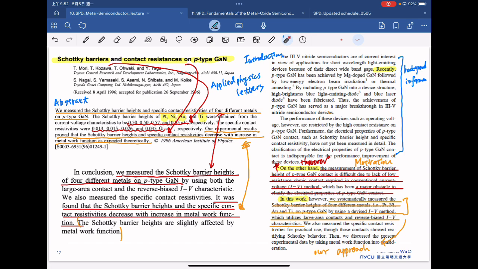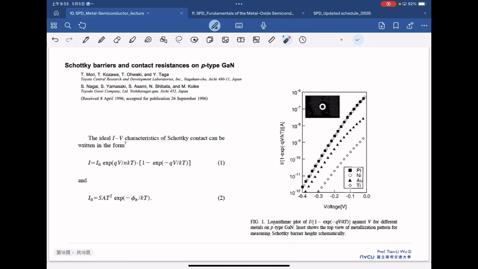This is exactly the same thing that we talk about in these lectures. In the beginning of this metal semiconductor section, we tried to understand the Schottky barrier, and in the end we also tried to calculate the contact resistance. So for sure, we still show some basic characteristics. Here we have this very normal IV curve, and from it we can extrapolate the Schottky barrier height.